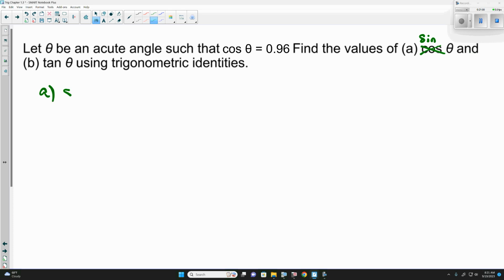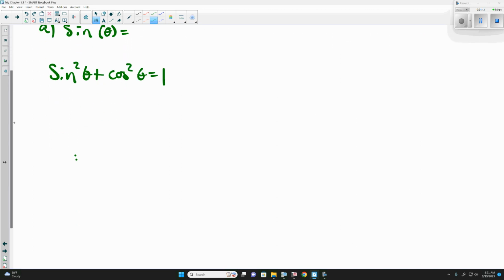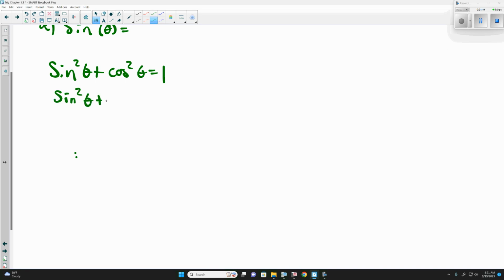So this time the first thing we want to find is sine of theta. So we're going to use the same formula. So I have sine squared of theta plus 0.96 squared equals 1. Will the value of 0.96 squared be greater than 1?